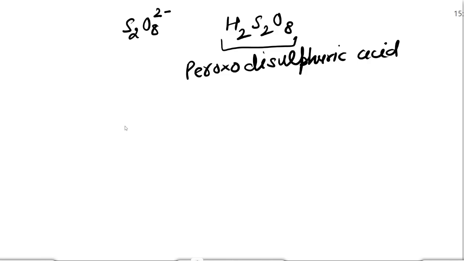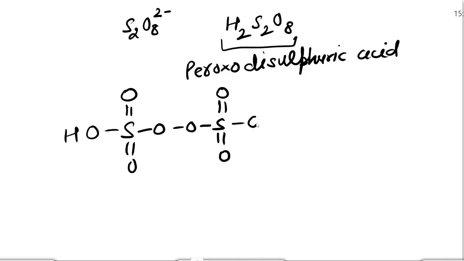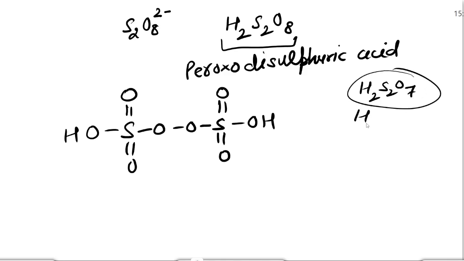Is there any peroxide group? Yes, there is a peroxide group. And what is the other name given to it? Is it oleum, sir? No, oleum is H2SO4 plus SO3. And its other name is Marshall's acid.